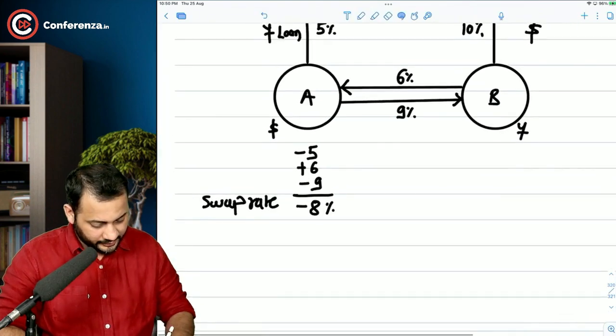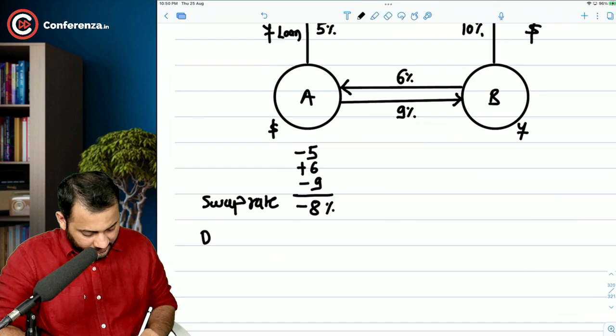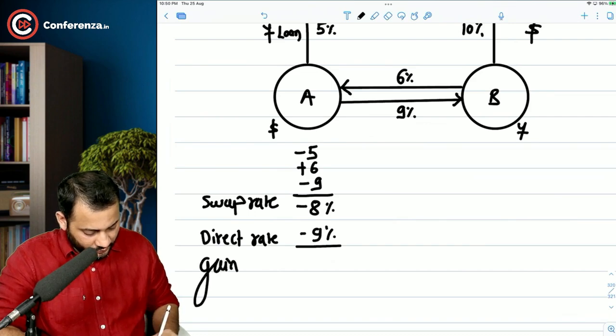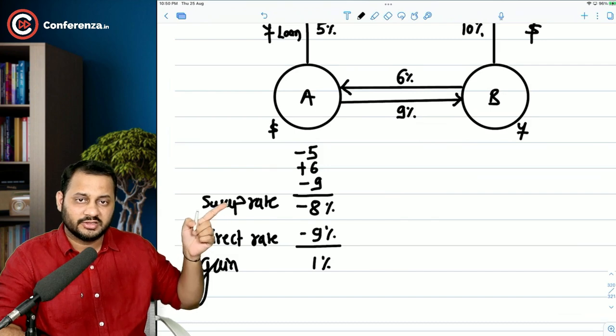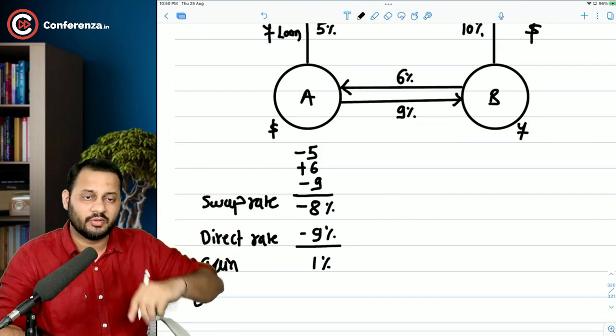So this is a swap rate. What was the direct rate without swap? It was 9%. And this is the gain due to swap, 1%, because he has to pay 1% less in the swapping and still using the same amount of loan.